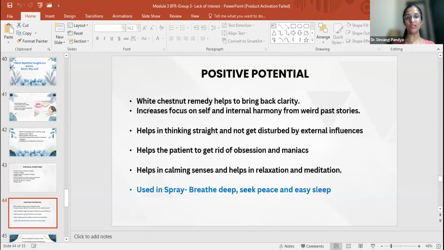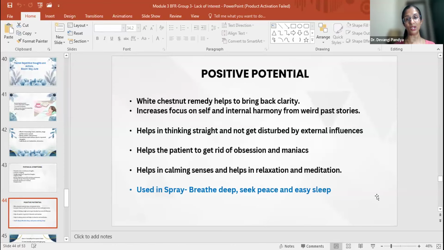How can it be positively effective? It will help to bring clarity. It will surely increase the focus, and it will give more internal harmony and help to think in a straight way. It will bring the person out of the compulsive state of mind. There will be more importance or more power to their work, or whatever they will be doing will give more effect and positive results, because the focus would increase.